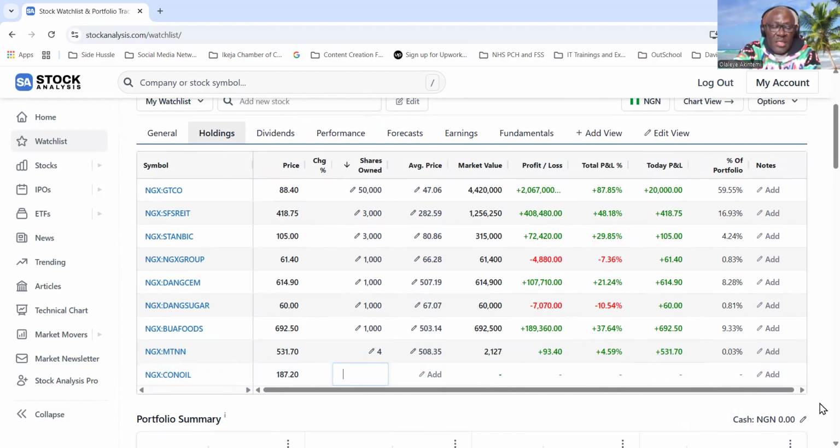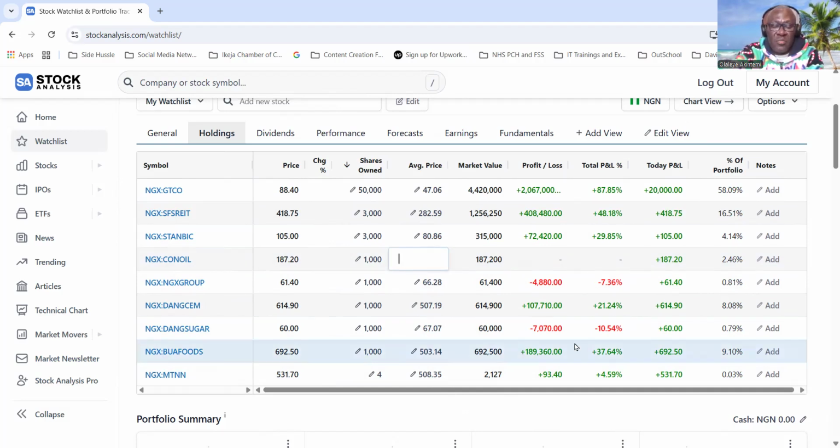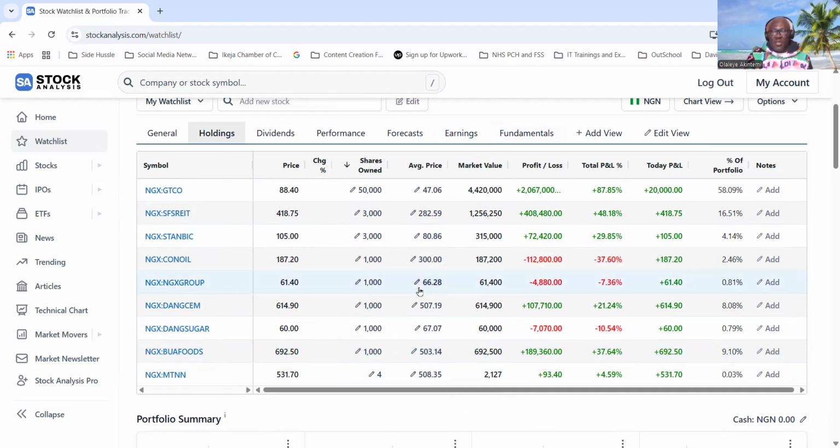So maybe I bought 1,000 units, and let's assume the average price for corn oil is maybe 300. I'm just using a figure. That's not the correct price, but I'm just using that as a tentative. So let's say it's 300.